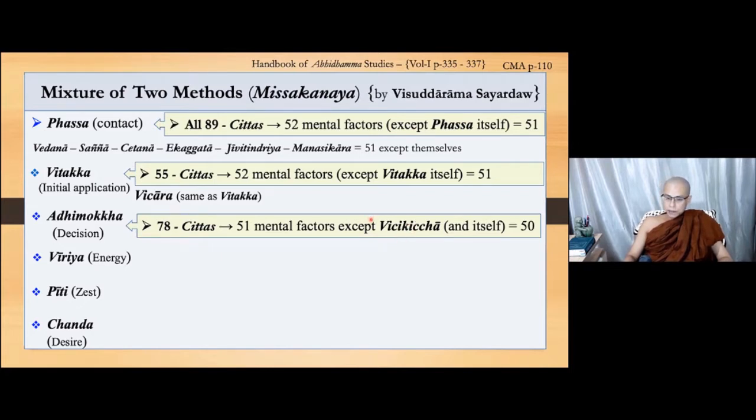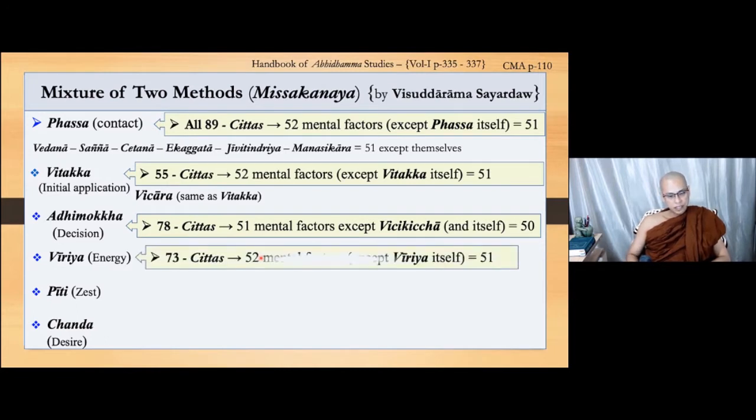The mental factor of doubt, Vicikiccha, can arise only with Vicikiccha Sahagata, which is dissociated from Adhimokkha. That is why only 51, except Vicikiccha. And if we take Adhimokkha itself, it becomes 50 mental factors. In this way, we can continue.